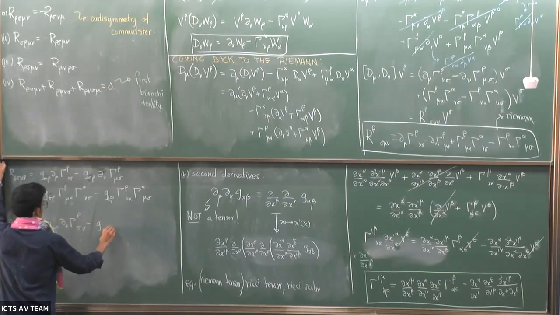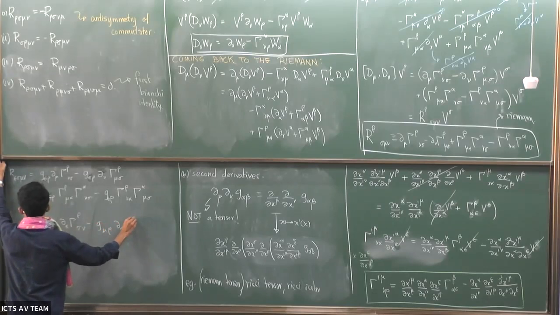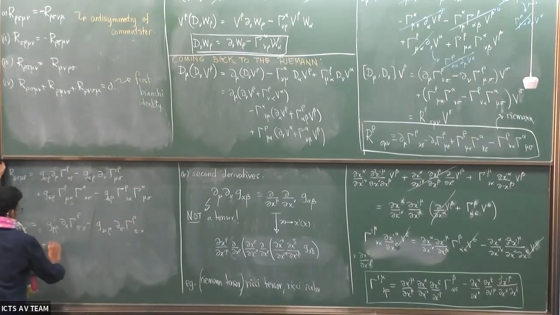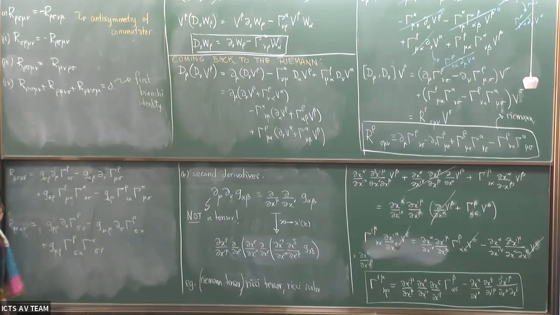Epsilon is a mu, rho del nu is a sigma, gamma rho mu is an epsilon, sigma is a nu, plus g epsilon is a mu, rho gamma rho mu is an epsilon, sigma is a mu.